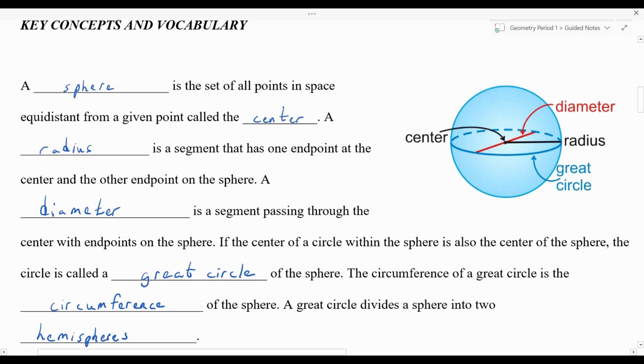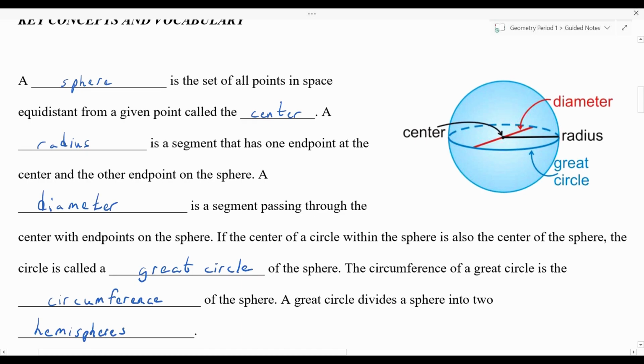Now, if we take a look at our diagram here, we can see a representation of a sphere, in which we have the great circle right in the middle. We have the top hemisphere and the bottom hemisphere. The diameter goes from one end of the sphere to the other and goes through the center.